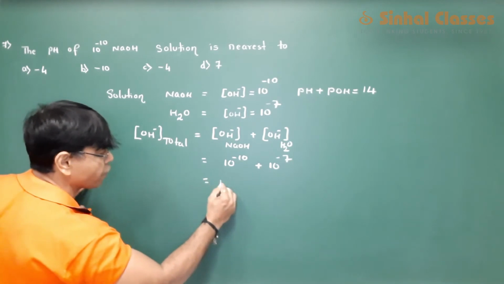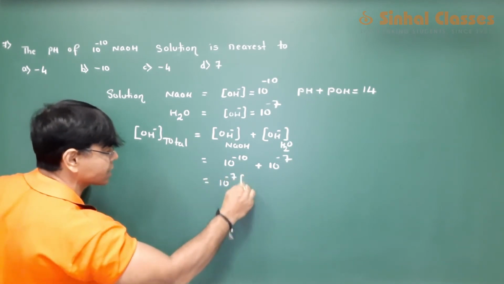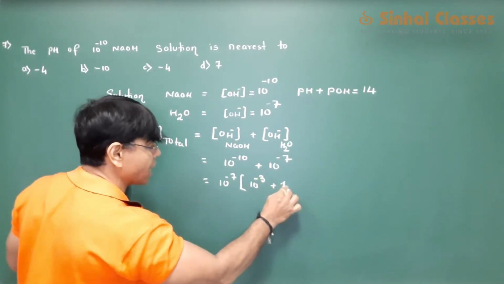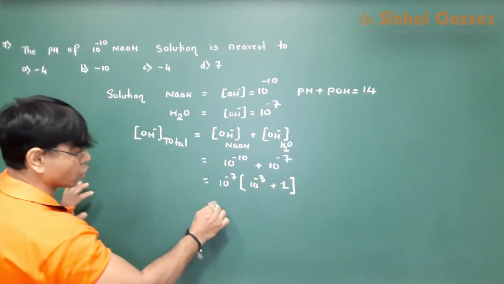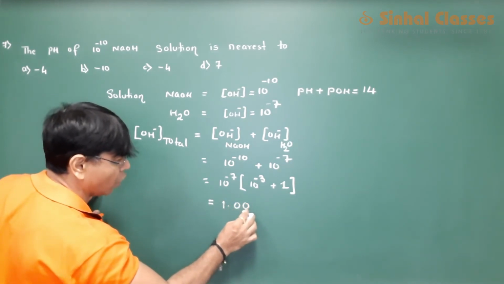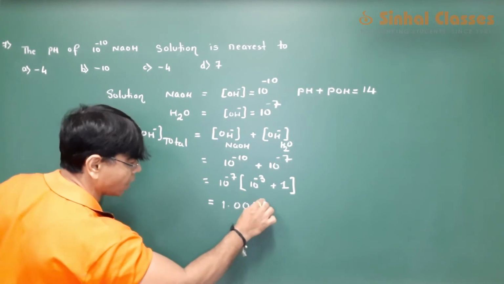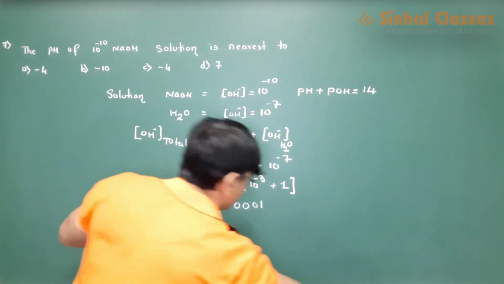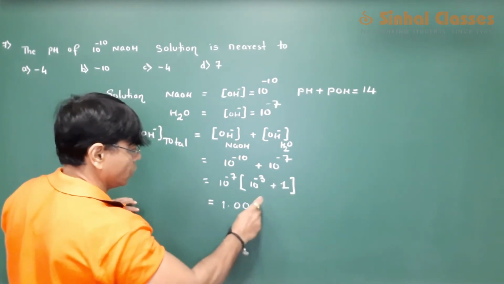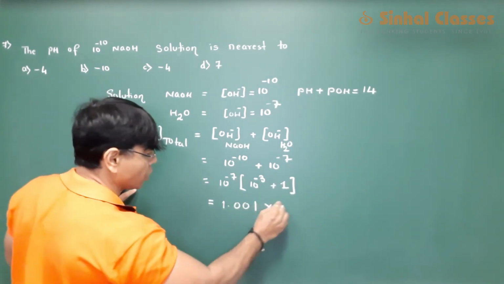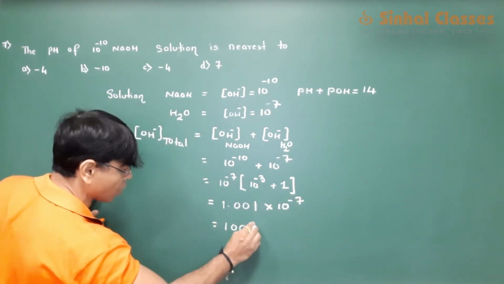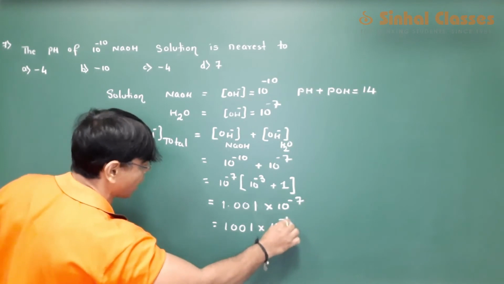We take out 10 raised to minus 7 common from here, so this will become 10 raised to minus 3 plus 1, which is 1.001 into 10 raised to minus 7, and can be written as 1001 into 10 raised to minus 10.